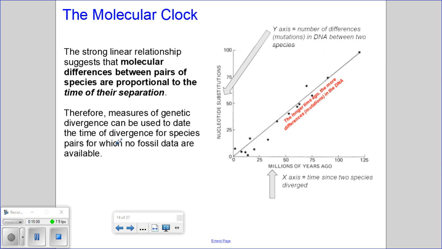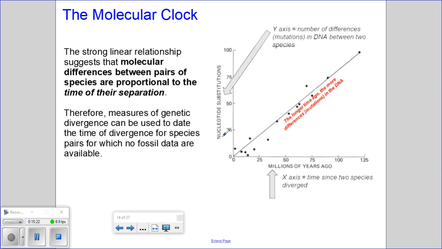Now, with the molecular clock, the strong linear relationship suggests that molecular differences between pairs of species are proportional to the time of their separation. Therefore, measures of genetic divergence can be used to date the time of divergence for species pairs for which no fossil data are available.